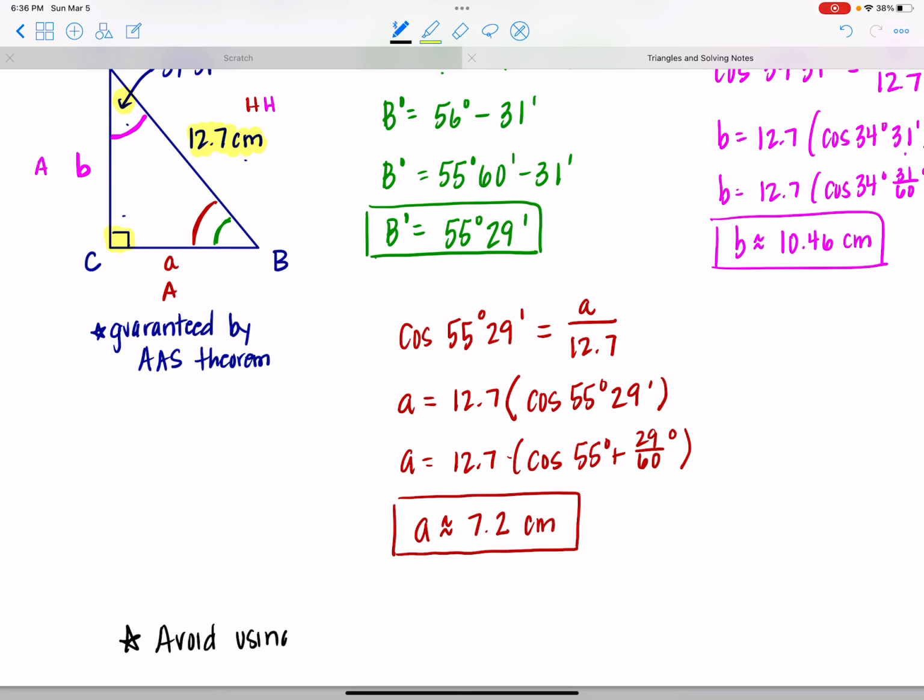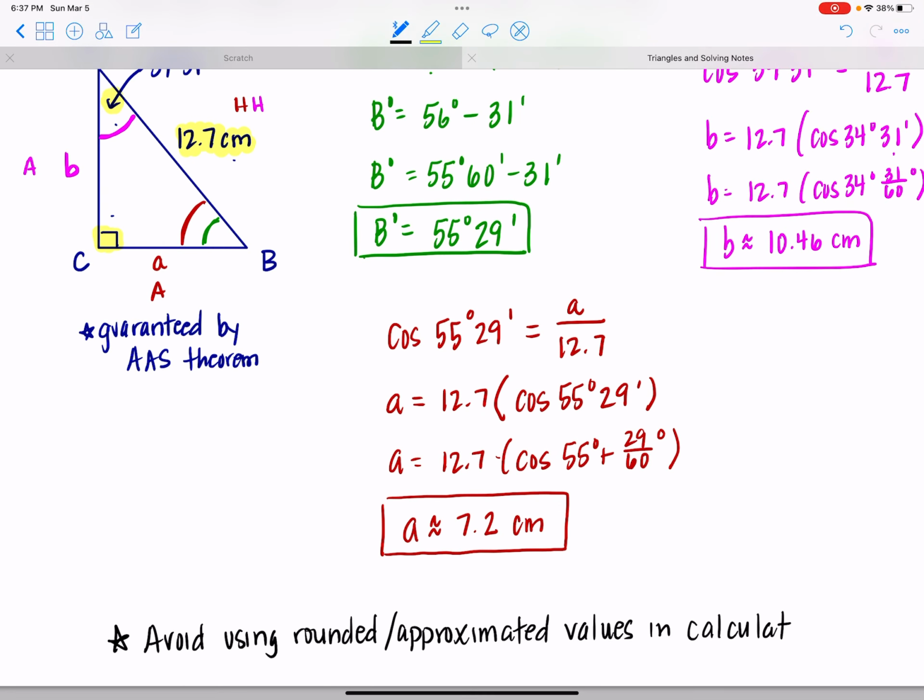Avoid using rounded or approximated values in calculations, like in further calculations, right? Obviously, you're going to get a rounded value for these answers. You just don't want to use them again. Calculations. Sometimes talking and writing at the same time doesn't compute.